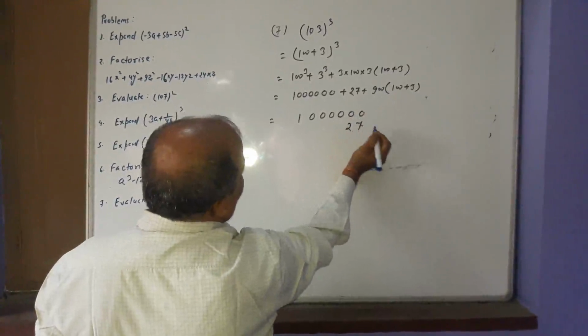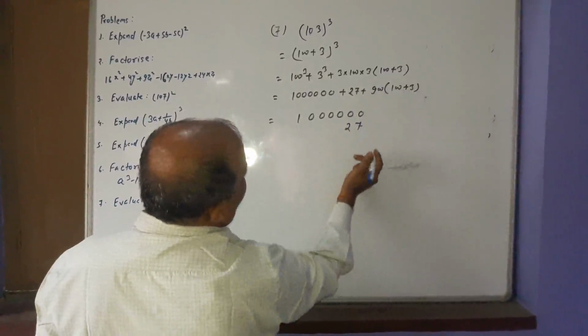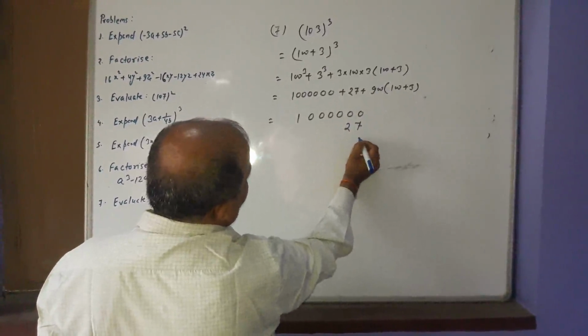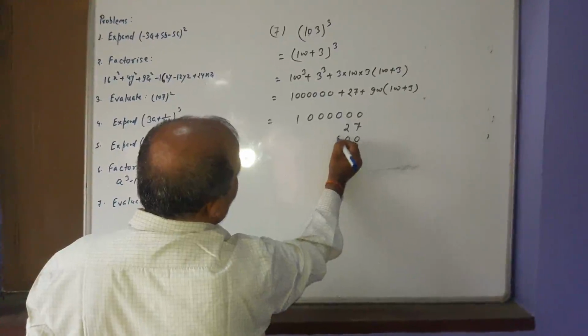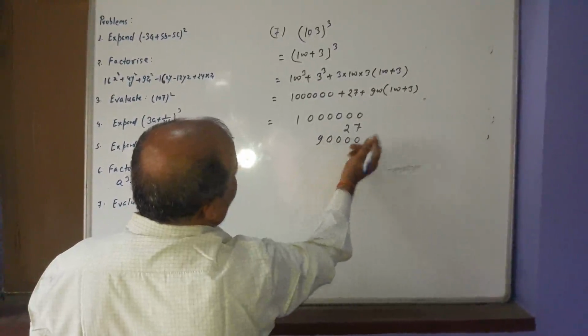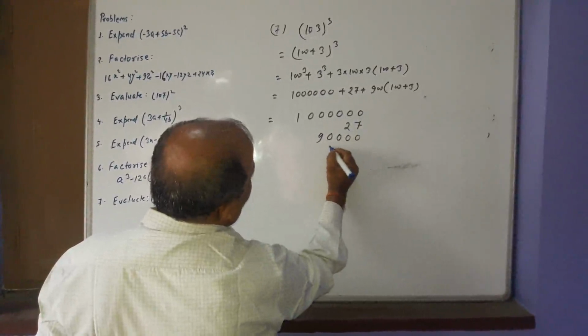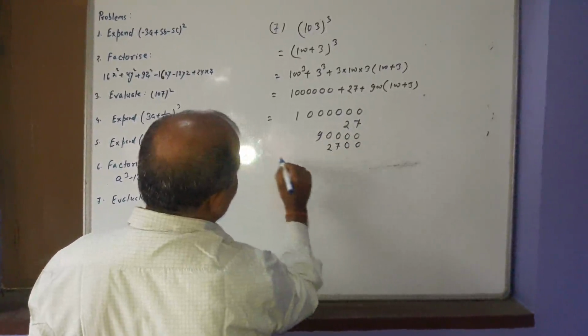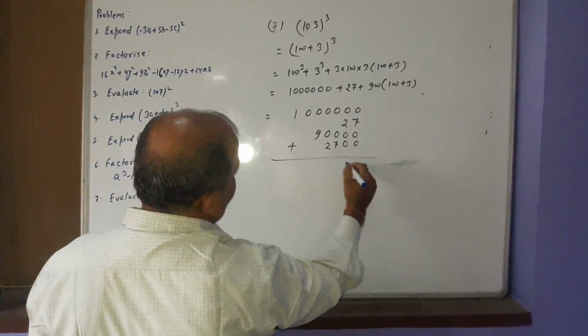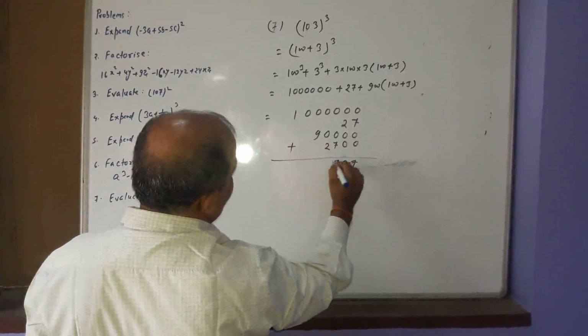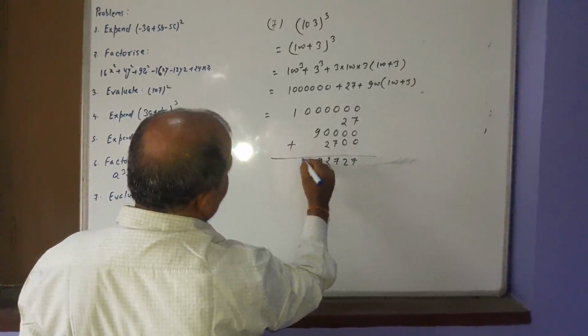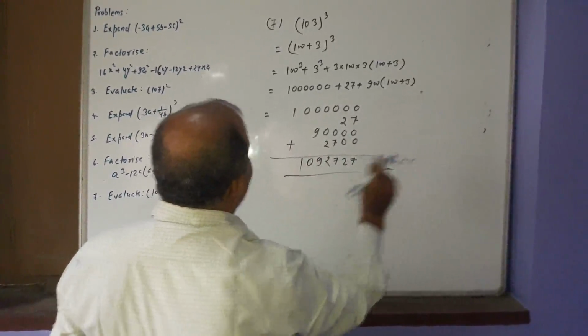Here 27, 900 into 100, 9 containing 4 zeros. And 9 3s are 2700, 27 double 0. On adding, we will get 1092727. This will be the answer.